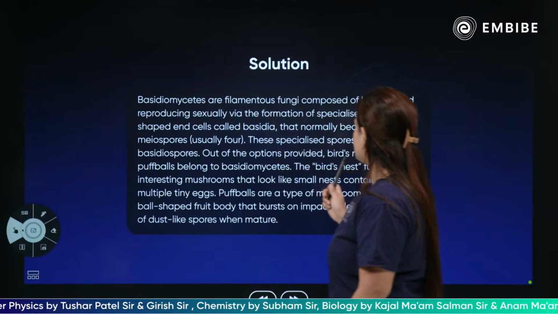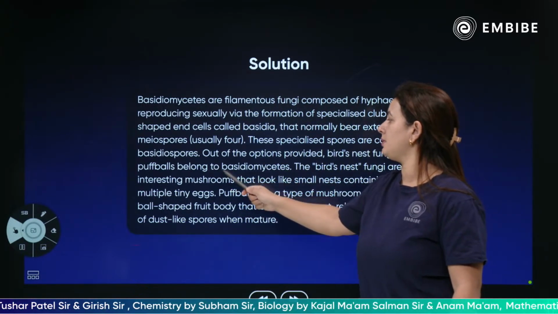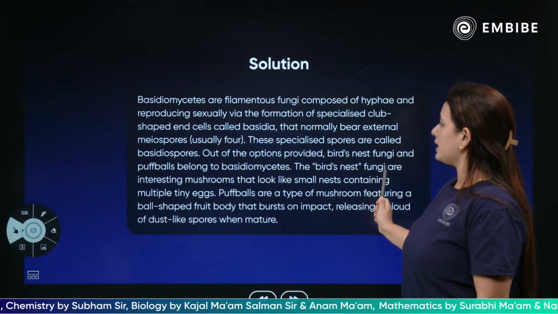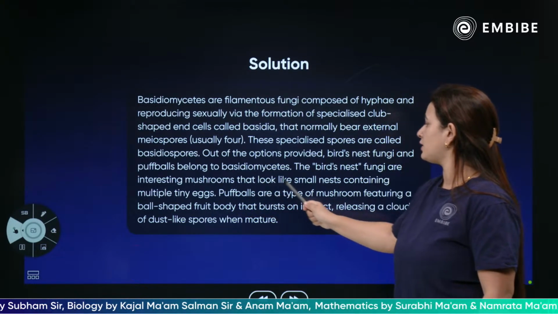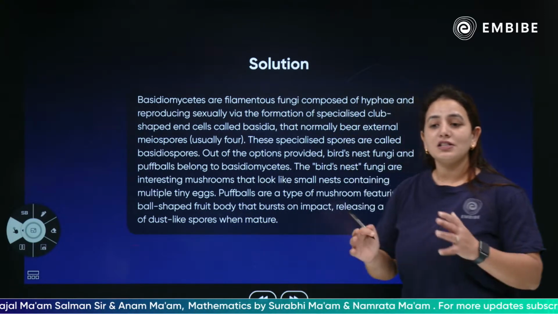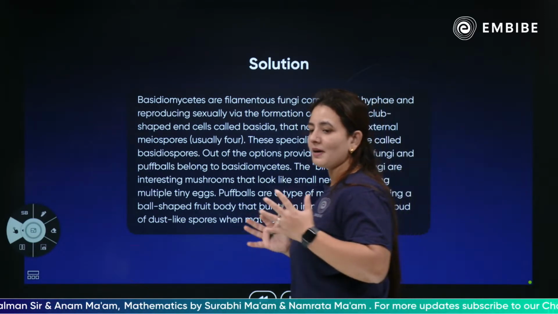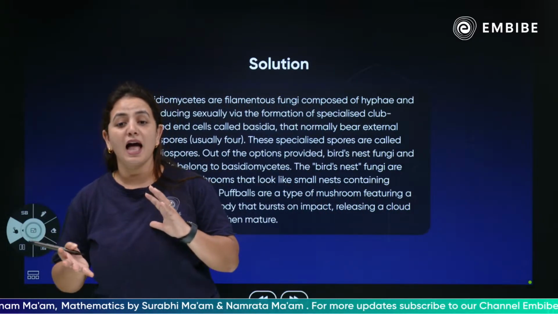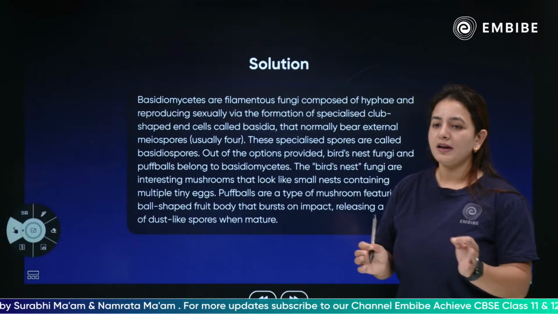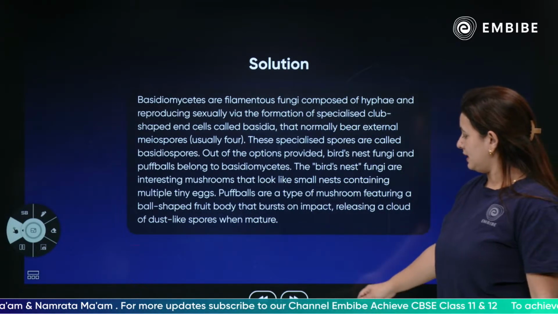The bird nest fungi are interesting mushrooms that look like a small nest containing multiple tiny eggs. This is not exactly a bird nest, but it is a kind of mushroom which appears like a bird nest, which has multiple tiny eggs.